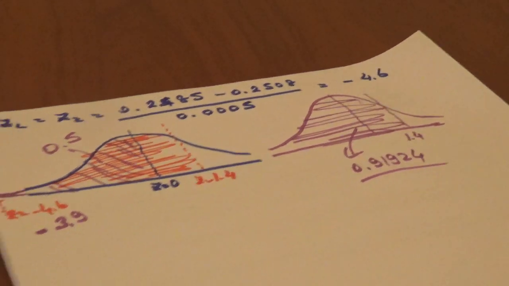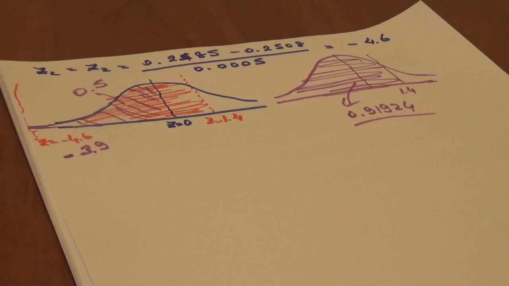The second part of the example says, thus we would expect the process yield to be approximately 91.92%. Okay.